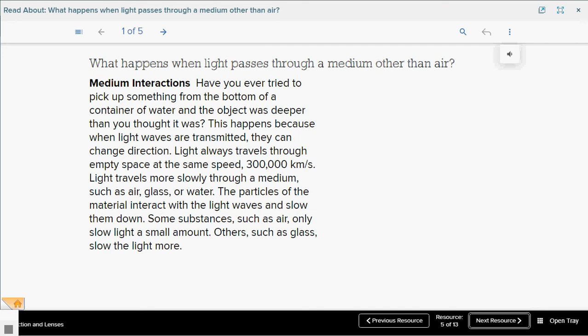Light travels more slowly through a medium such as air, glass, or water. The particles of the material interact with the light waves and slow them down. Some substances, such as air, only slow light a small amount. Others, such as glass, slow the light more.